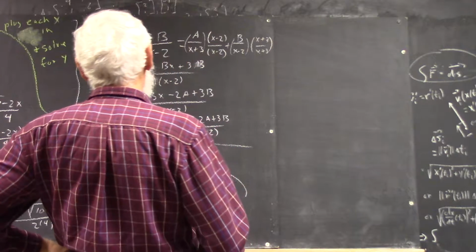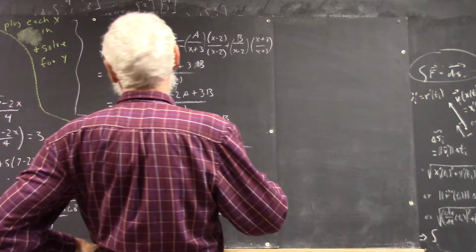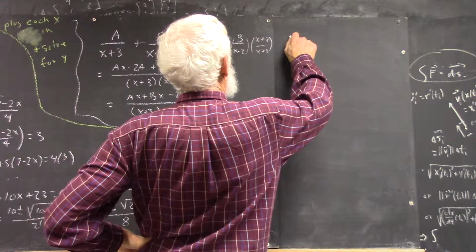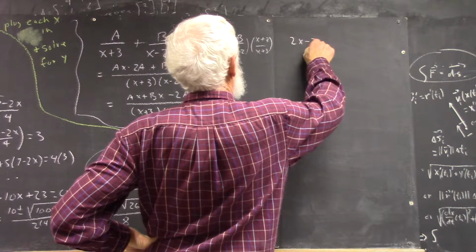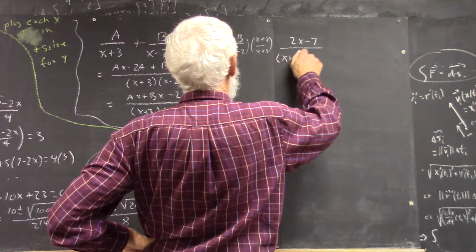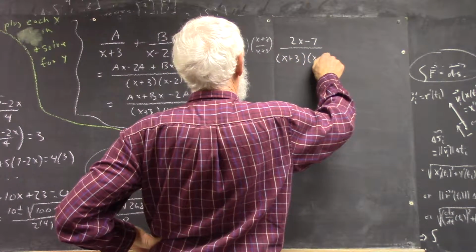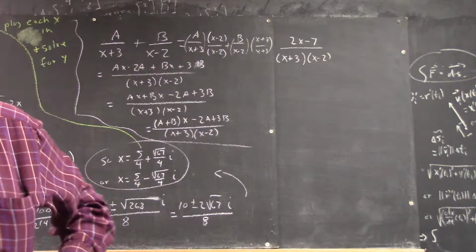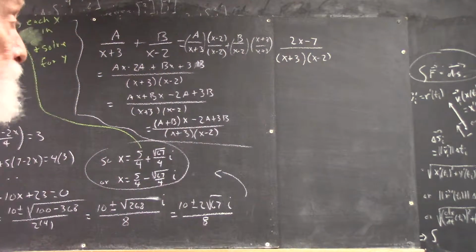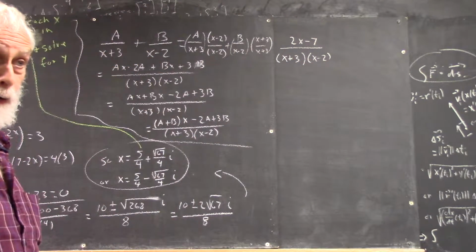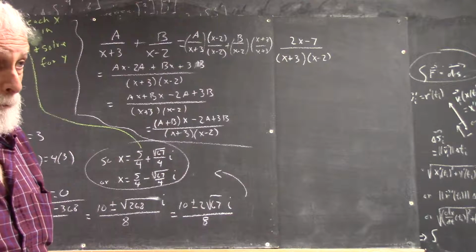let's suppose that we have the expression x plus 3 times x minus 2. Noting that x plus 3 and x minus 2 are the same things we had over here. Okay?